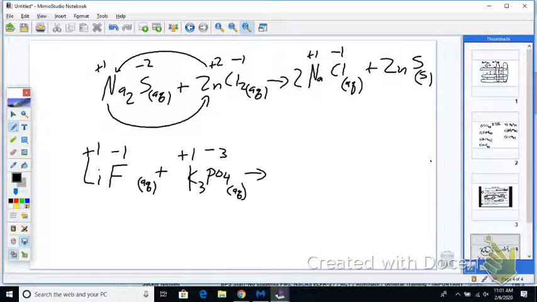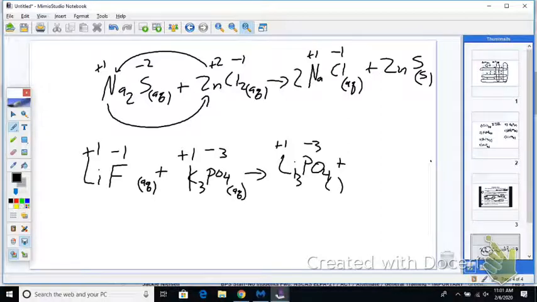Okay, so I'm going to go through this so that you guys can get started. Li goes with PO4. It's 3. So you have Li3PO4. You guys determine if it's aqueous or solid.